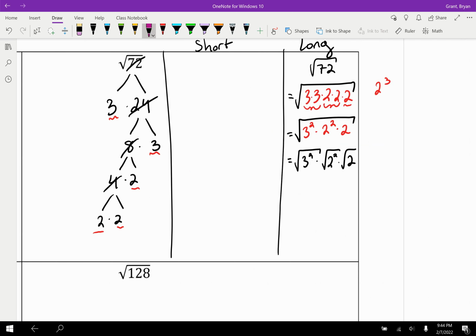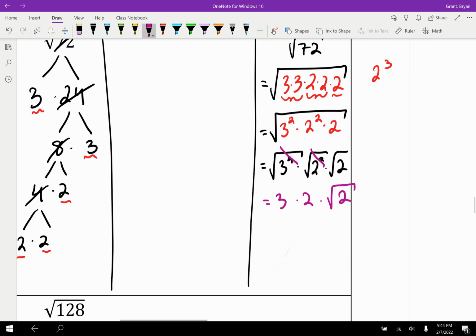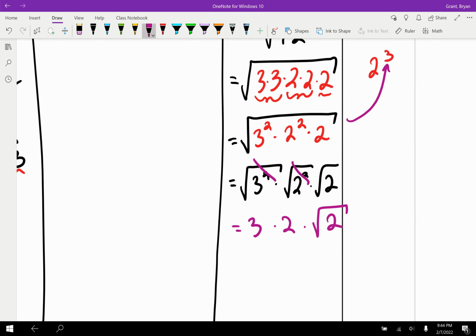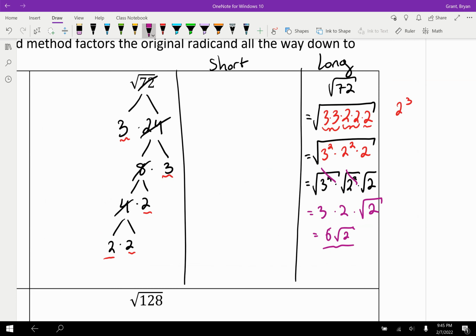So what's going to happen here is we are just left with a 3, no square root or square, just left with a 2, and then this guy doesn't have anything to cancel, so it stays with the 2. A square root does not cancel a cube or a fourth power or anything like that. It only cancels a square. So we try to make as many squares as possible. Then 3 times 2 is 6 square root of 2.